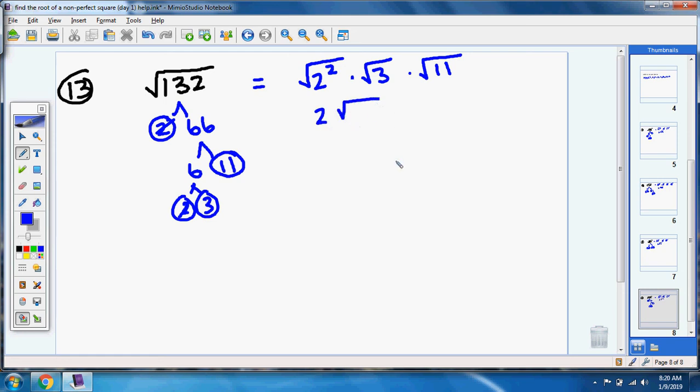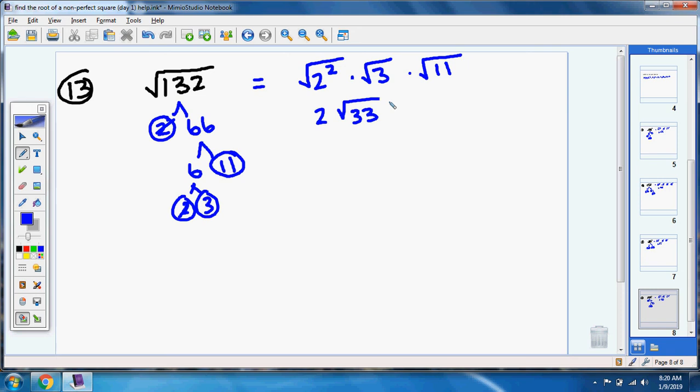And then sometimes in high school, instead of root, you're going to hear the word radical. Radical 33. Again, your upper level math in 9th grade, 10th grade, and then beyond, it might be called radicals. But in 8th grade, we just call them roots. So 2 multiplied by the square root of 33.